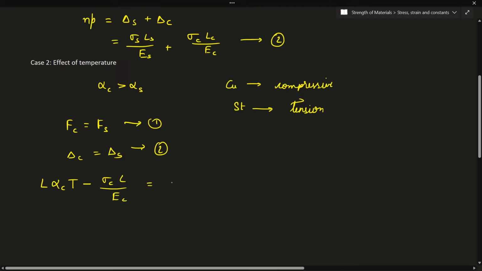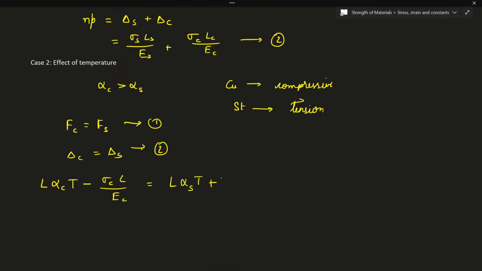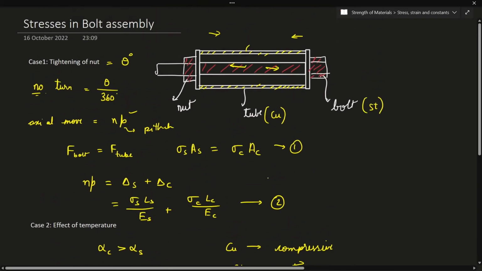Now that will be equal to the free expansion of the bolt, that is L into alpha s into T. Now I'm going to have tension here, so plus sigma s into L divided by Es. So this would be equation number 3. With all these equations we can solve the total stress that has been developed by the nut, the bolt and the tube because of the rising temperature and because of the torque that has been applied to it.